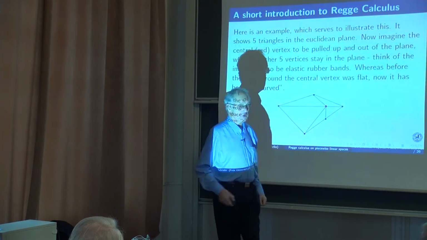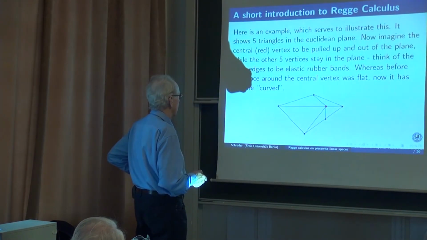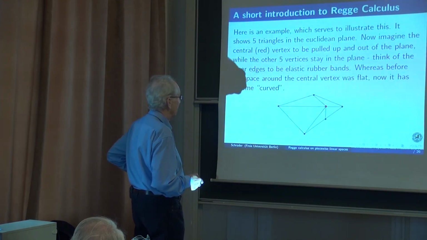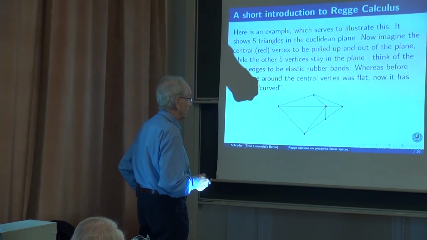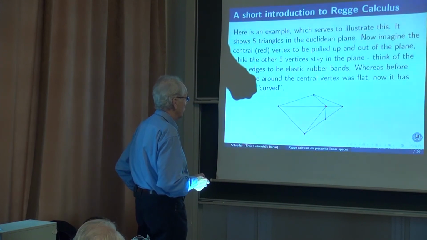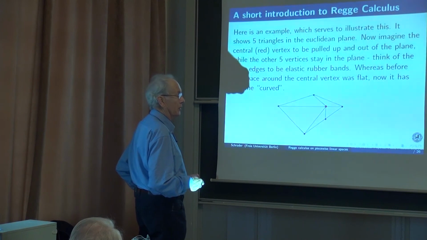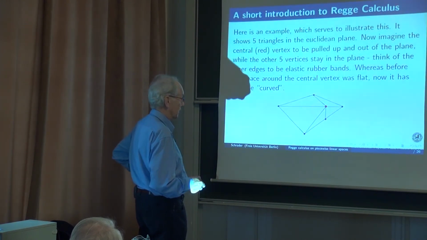So there should be a curvature here. So Regge said, in this two-dimensional context, what you do is you take these Euclidean triangles that you have pulled out, so they have an angle here, a Euclidean angle. You sum them up and you subtract this from 2 pi. This you call the deficit angle, and you divide it by 2 pi again to normalize it.